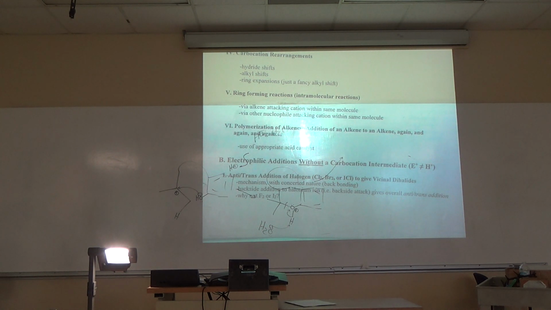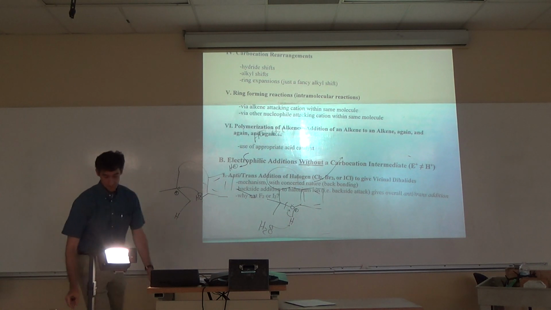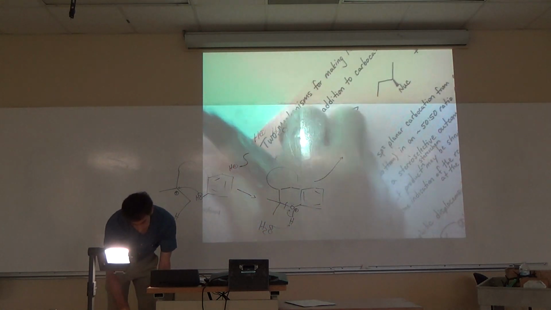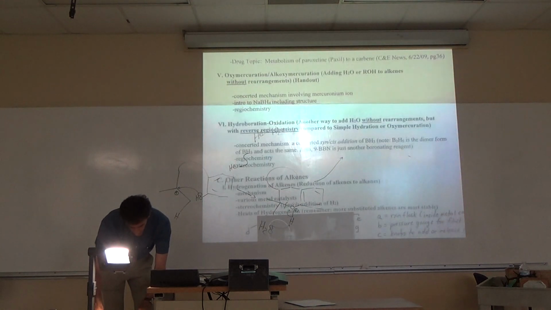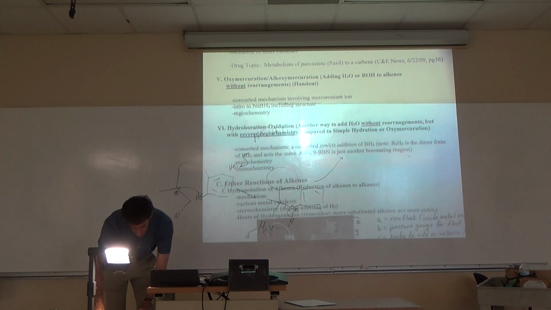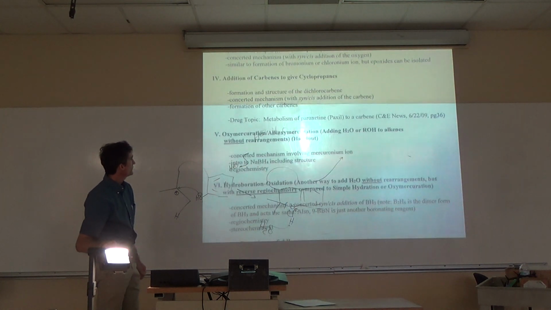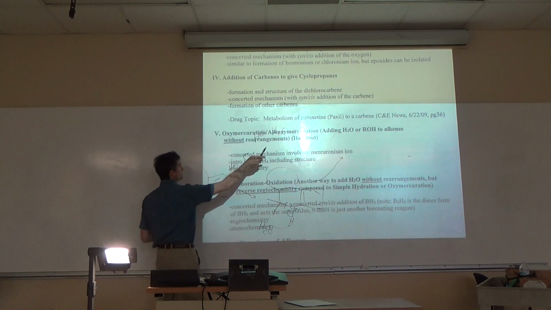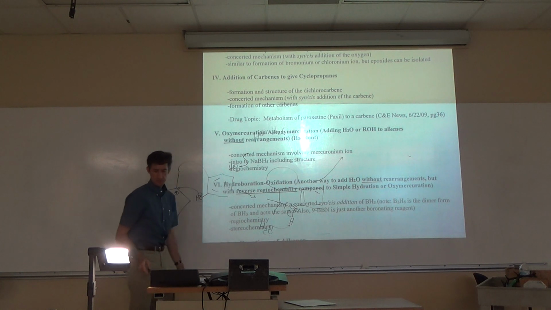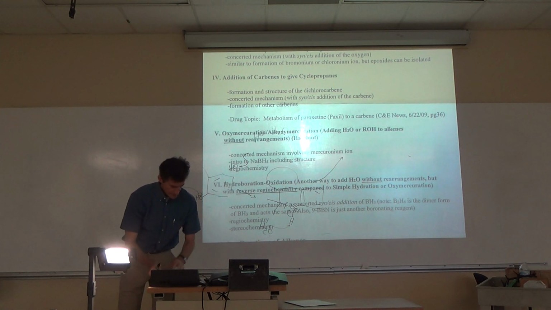Because there's no carbocation. You only get rearrangements when you have a carbocation. Since B reactions do not have one, you don't have to worry about rearrangements. And that's the one good thing about this method for hydrating. You don't have to worry about rearrangements. Okay, over in the handout.